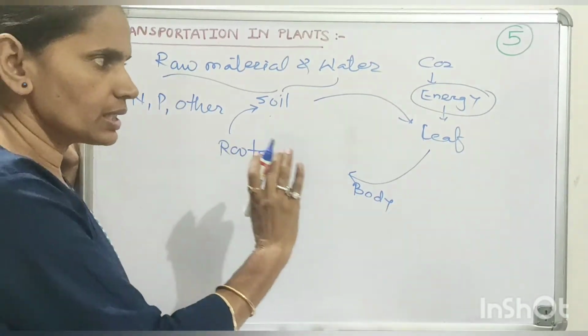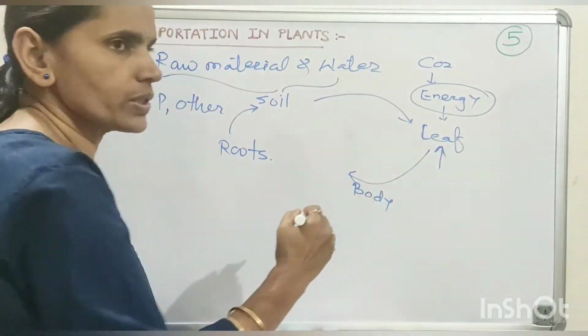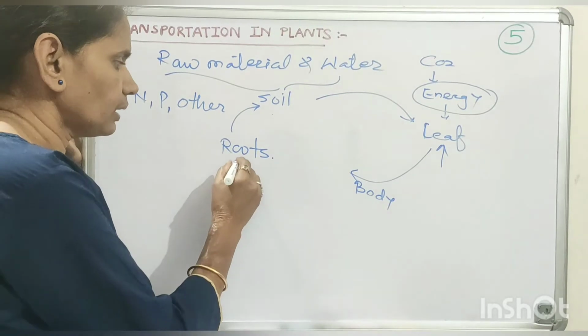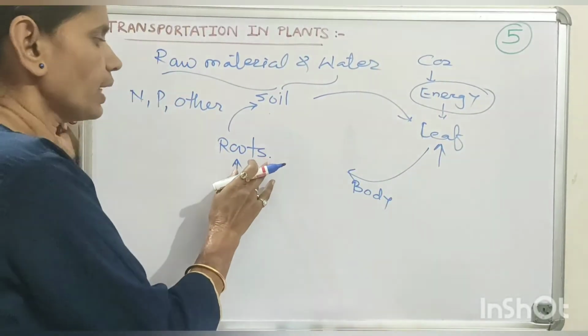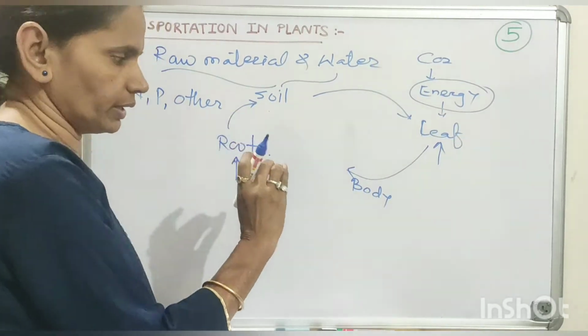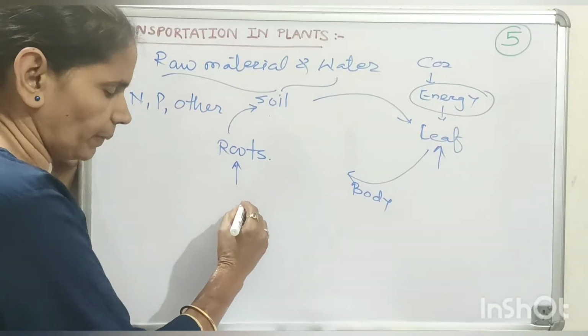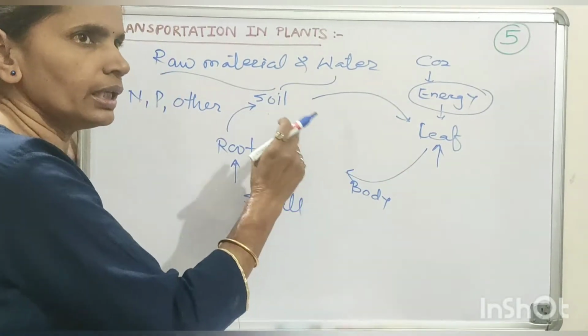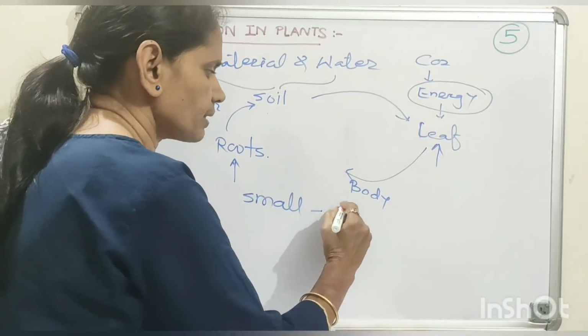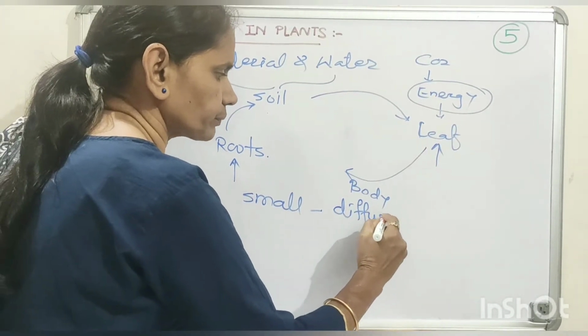Now if the distance between the leaves and the roots is small, so if the length of the plant is small, then this transportation is possible by the simple process of diffusion.